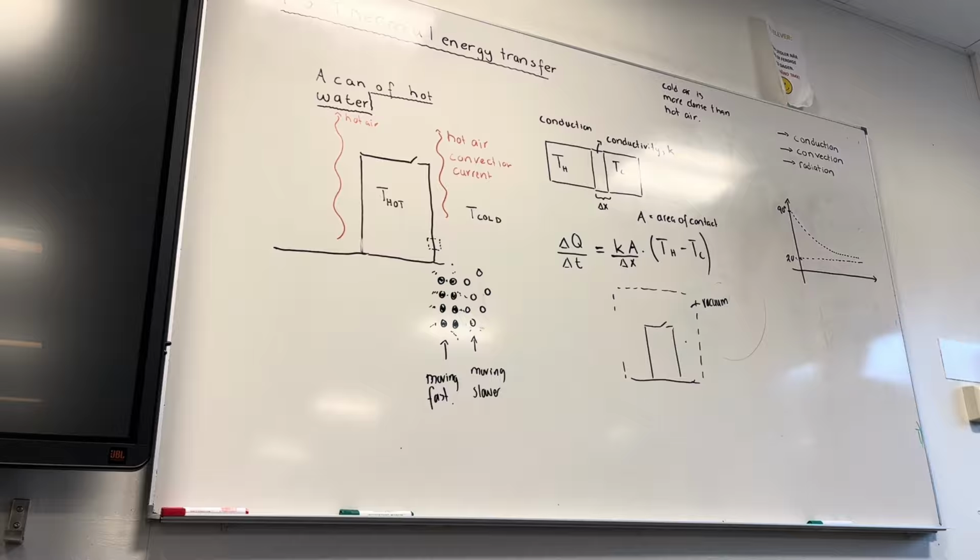Does the temperature of the can just stay at TH forever because there's no mechanism for it to lose its energy? There are no particles to transfer its heat, so there's no way for it to lose energy. Have I written another word on the whiteboard that I haven't explained?